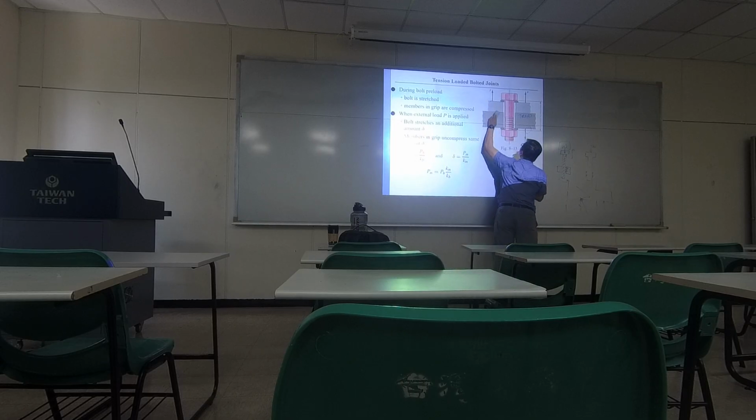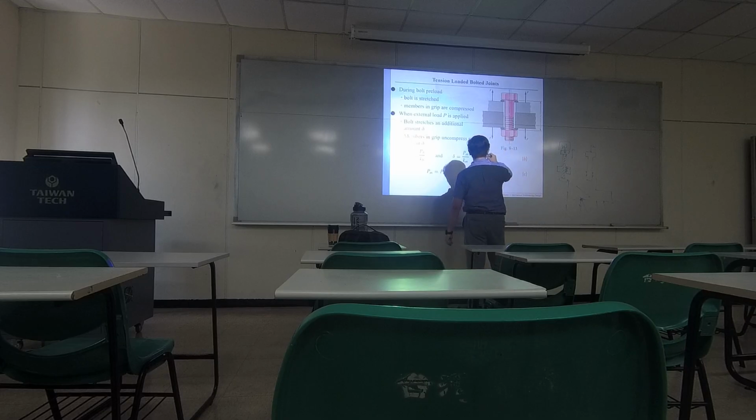Once you already know the spring coefficient of the bolt, now you're starting in this way. This object is being clamped, right? And your bolt looks like this. And this is your nut, right?